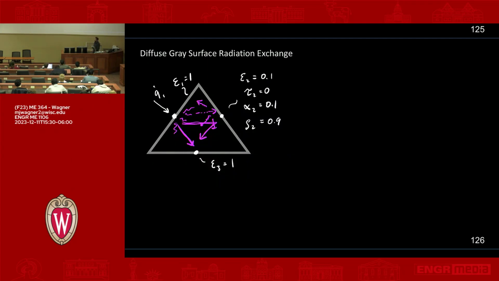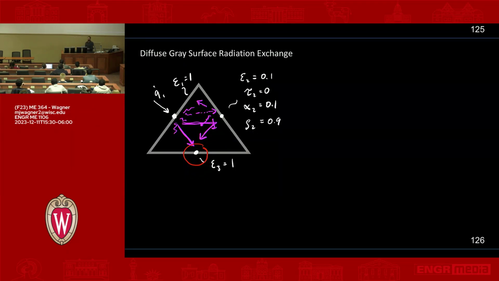So by the time you consider what's happening just here at node 3, we have to account for the radiation that's coming in either directly from 1 or indirectly from 1 via other surfaces. And that's in addition to what's being emitted from surface 2 in the first place. So you start going through this and you realize, okay, I've got emission, I've got reflection, and I've got all these surfaces interacting with each other.